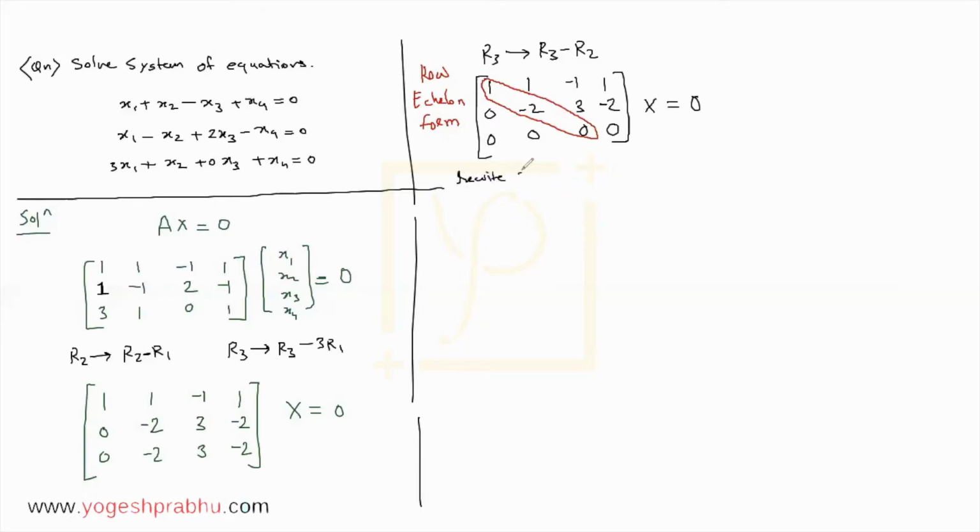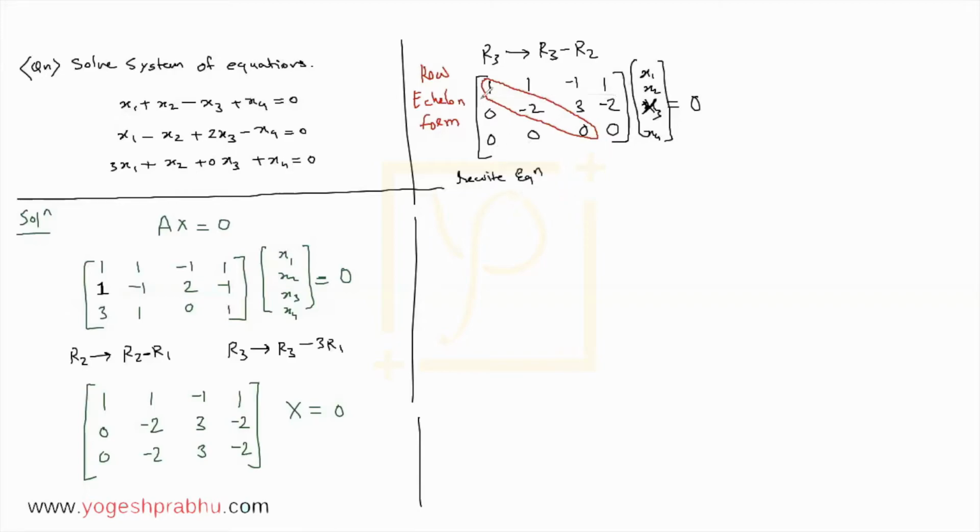Rewrite equations. So if you have to rewrite this equation, I will do row multiplied by column. Now understand your X is basically X1, X2, X3, X4, right? Originally that's the variable matrix. I just wrote it as a short form capital X. Now let's multiply row by column.